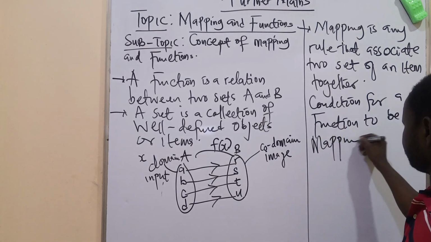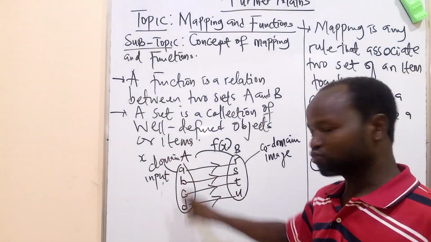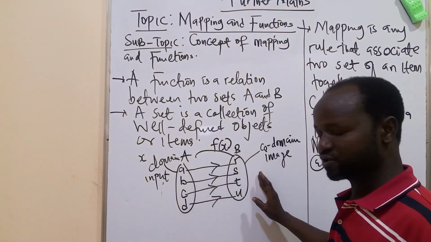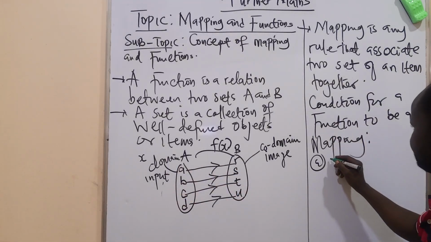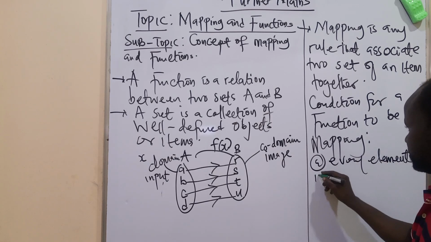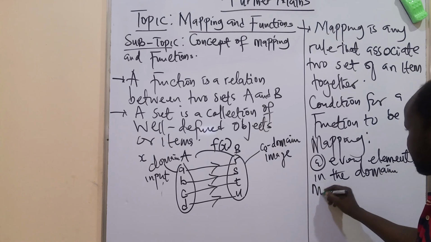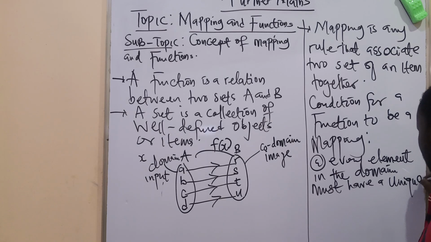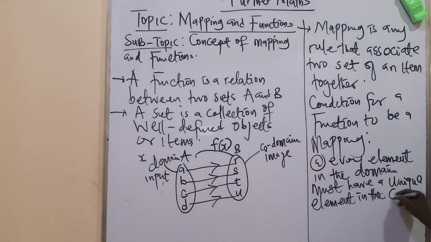It means for a function to be a mapping, there is condition number one: every element in the domain, let me write it, every element in the domain must have a unique element in the codomain.